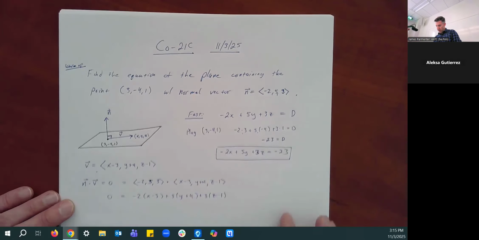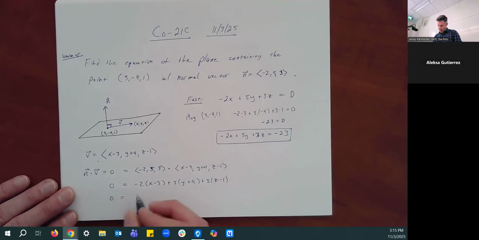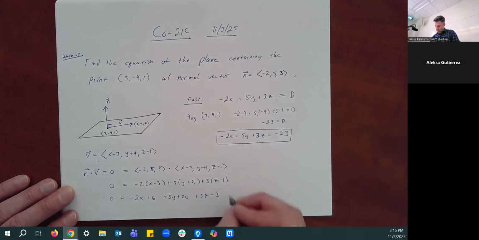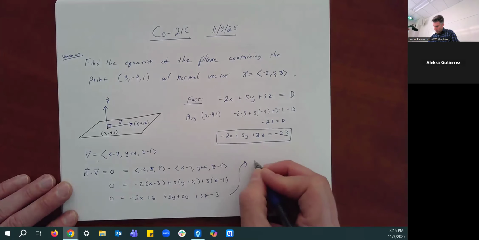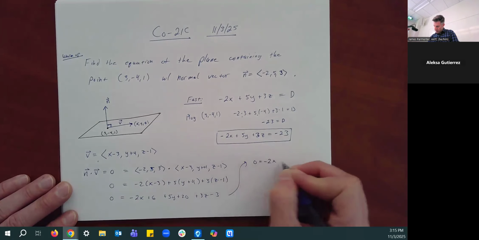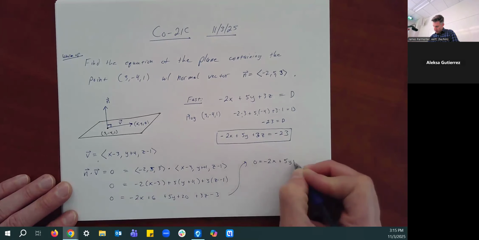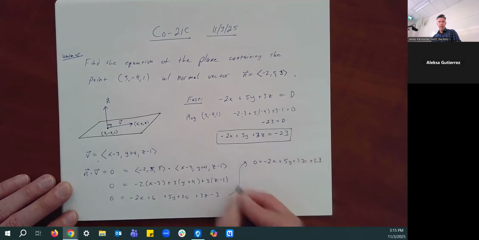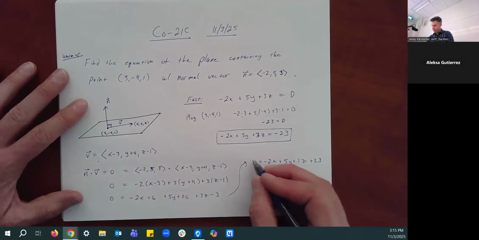When we multiply it all out, we get 0 equal to negative 2x plus 6 plus 5y plus 20 plus 3z minus 3. Rewriting it, we get 0 equal to negative 2x plus 5y plus 3z plus 23. Or you can bring the 23 over and get the same equation.